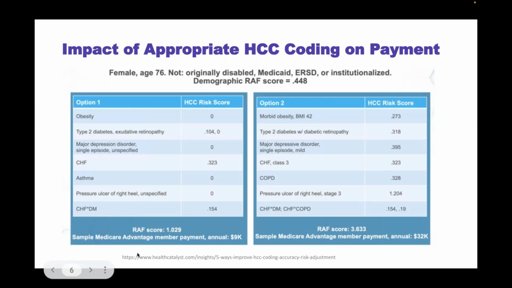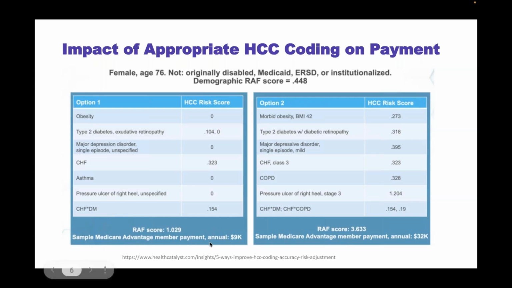But if we extract more information from the unstructured data, like obesity and other diseases such as asthma or type 2 diabetes, you can see their effects on the risk adjustment score. The raw score is 1.028 when we get the information from the unstructured data and calculate the raw score again accordingly.